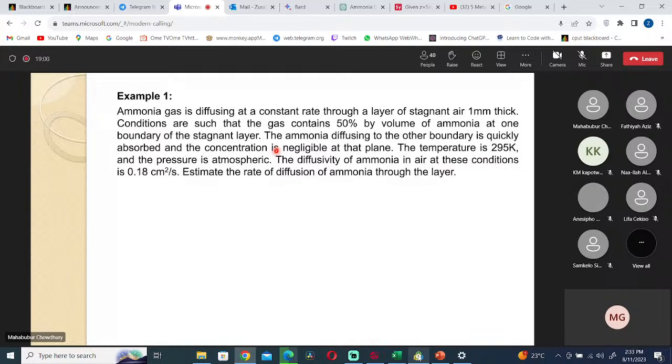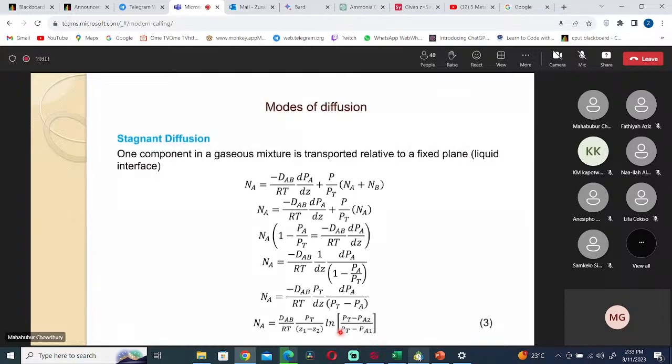So let's do that. Your PT is 101.3 kilopascal, and your PA1 is for 50% by volume of ammonia, with the total pressure being 101.3 kilopascal. So you can say that PA1 equals YA multiplied by PT, equals 0.5 multiplied by that, which gives you 50.65 kilopascal.